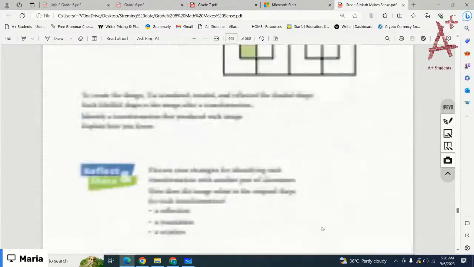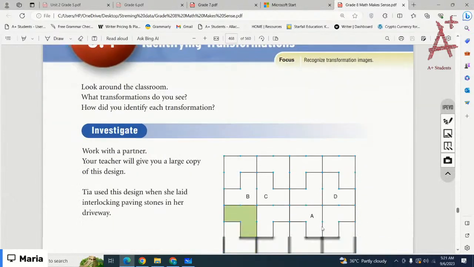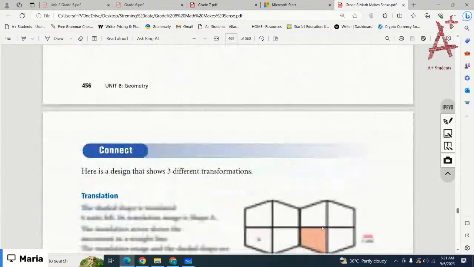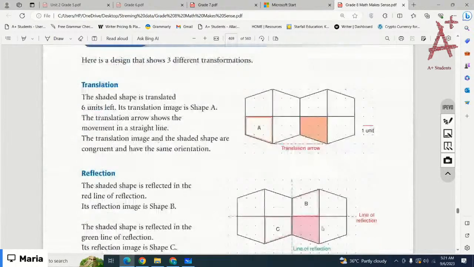Okay, the next one is identifying transformations, right? We're going to learn what transformations are applied. Here is a design that shows three different transformations, right?